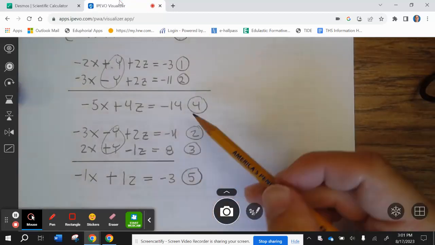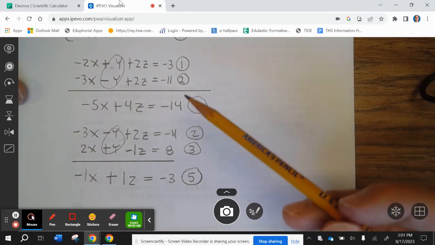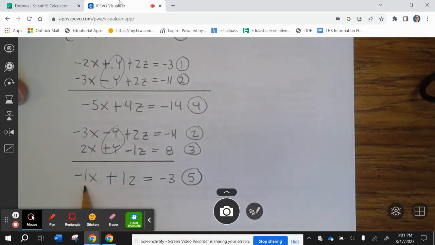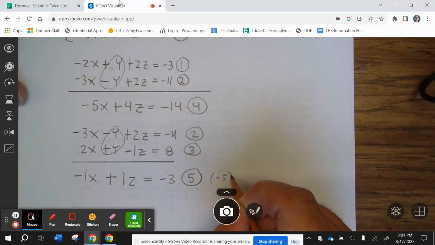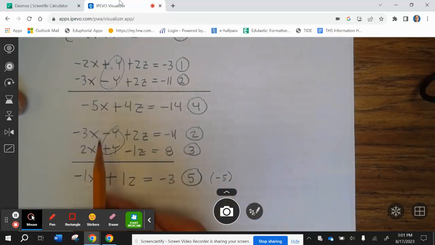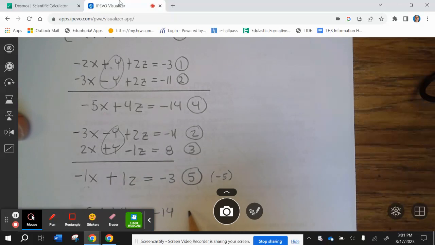Okay. So now we need to look at equation 4 and 5 to see what we can eliminate. So it looks like here I have a negative 5. If I make this a positive 5, then these will eliminate. So I'm going to multiply equation 5 by negative 5. We're going to keep equation 4: negative 5x plus 4z equals negative 14. But now we're going to multiply equation 5 by negative 5.